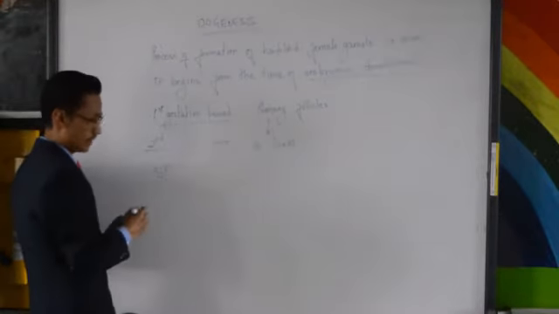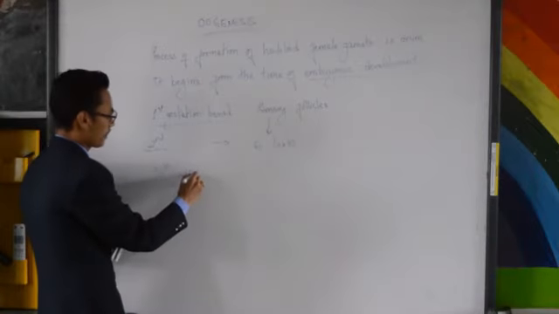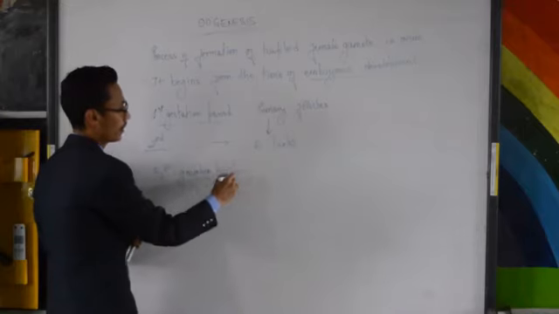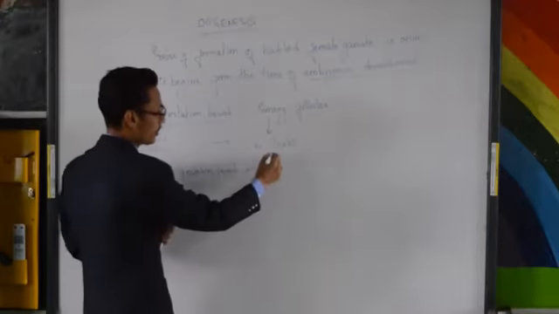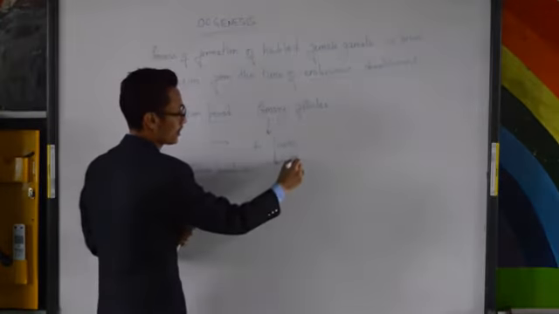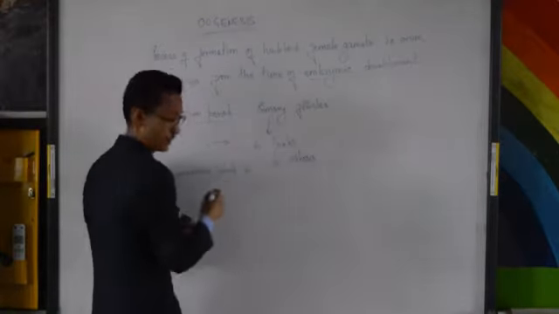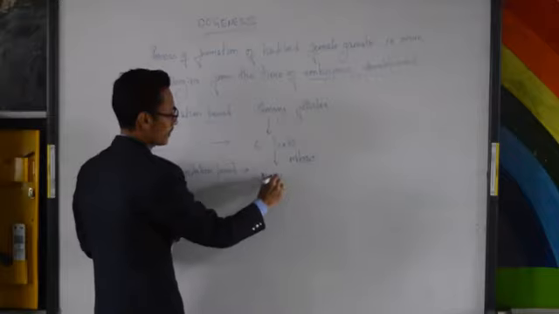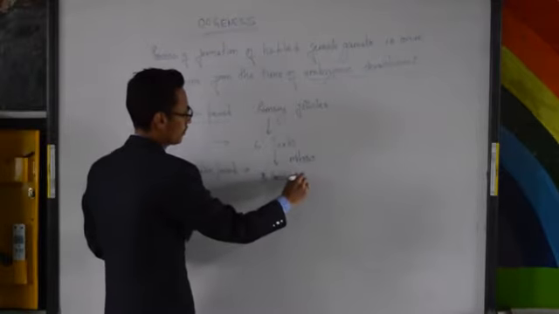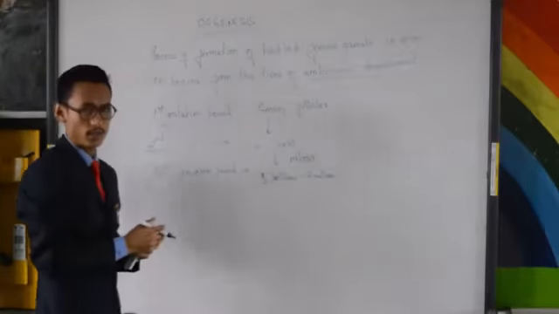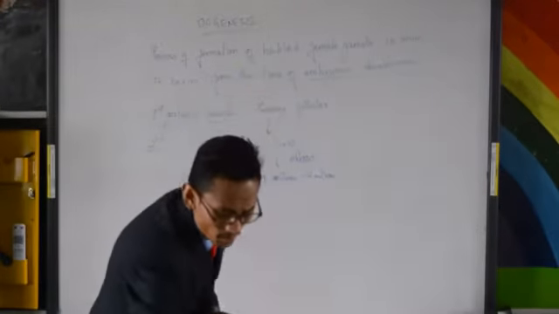Around the 5th gestation period, or during the 5th month of embryonic development of the female fetus, the number of follicles keeps on increasing by the help of mitosis, cell division, and it will reach around 5 million to 7 million.